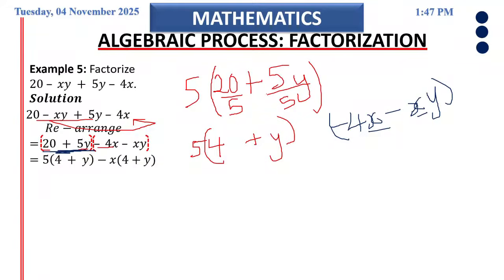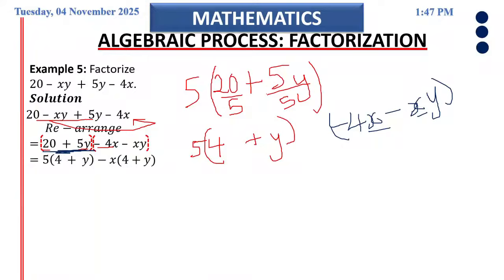What I mean by binomial is a two-term expression in the bracket. In most cases, using that negative value brings clarity and helps you factorize properly.